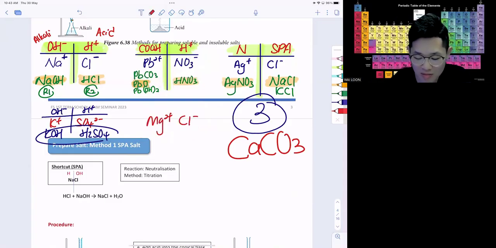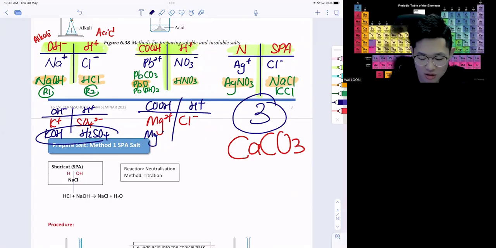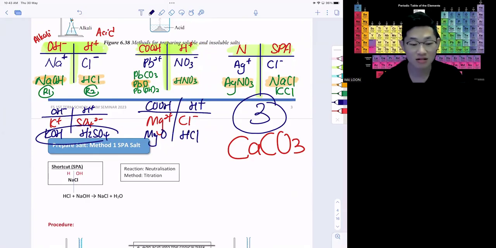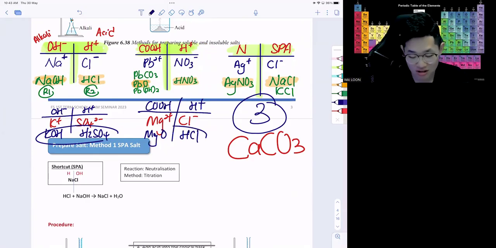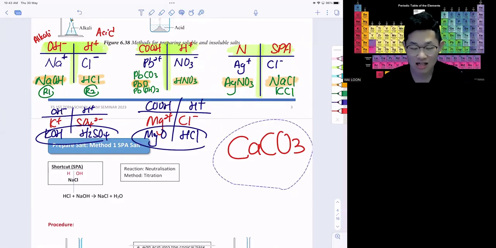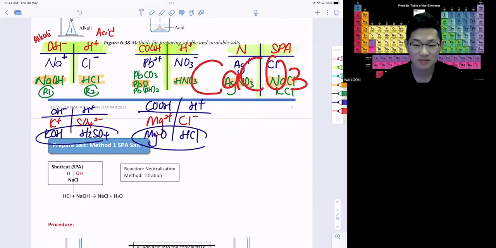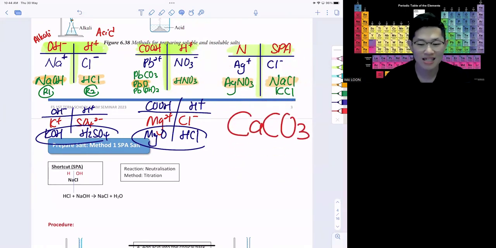Mg2 plus, Cl minus with the cross oxide, OH, H. So this one use oxide, we use HCl. That's all. Last one. So the last one.